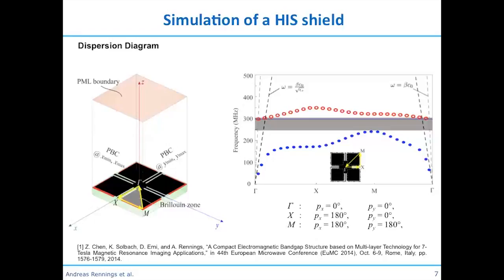So there is some relation, but depending on the structure you are looking at, this frequency might be at the center, somewhere in the band gap, in special cases also outside of this band gap. So it seems there is no direct relation, let's say it that way, between the in-phase reflection frequency point and the stop band. But we are still working on that and trying to find something.